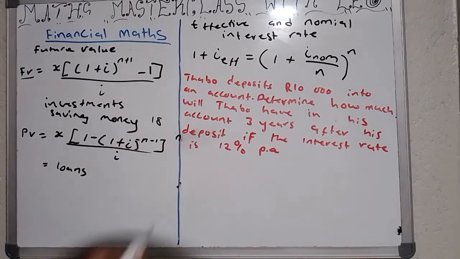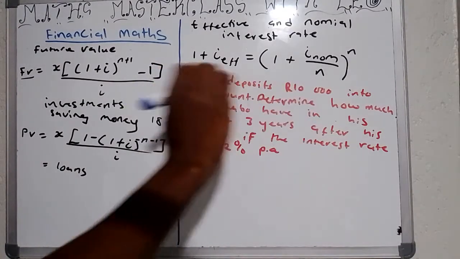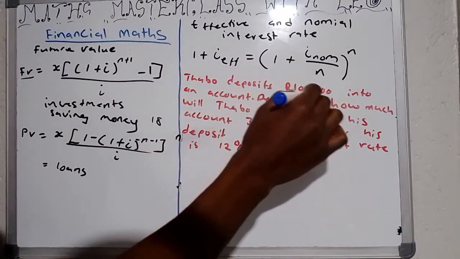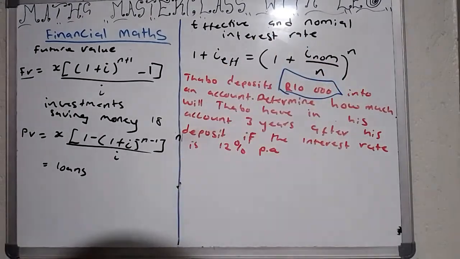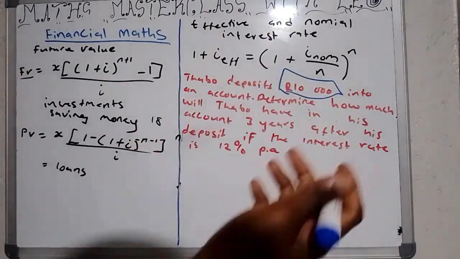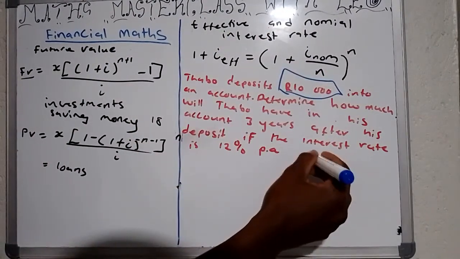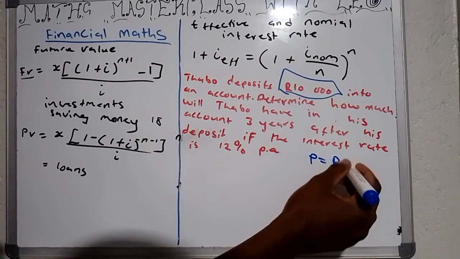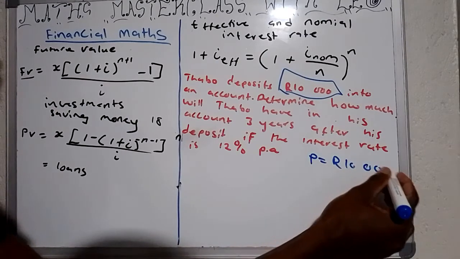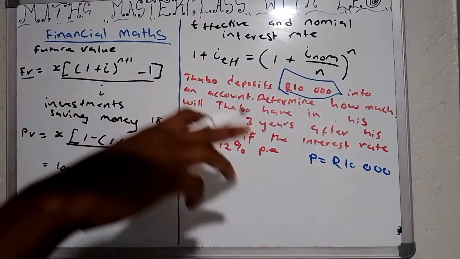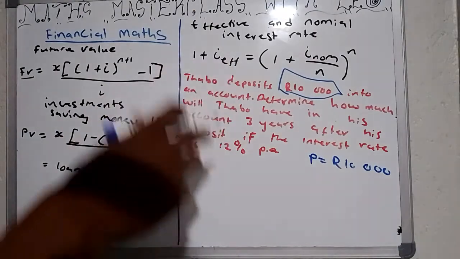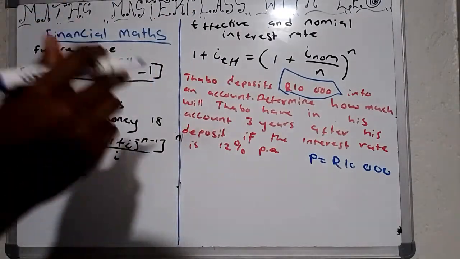So now, what do we have? Deposits. Thabo is having 10,000 right now, right? The present amount, which is equal to 10,000, right? And then determine how much Thabo will have in his account 3 years after his deposit.